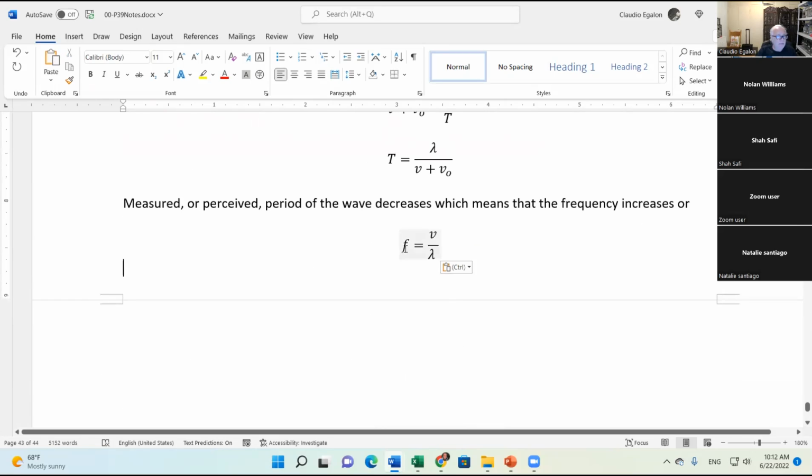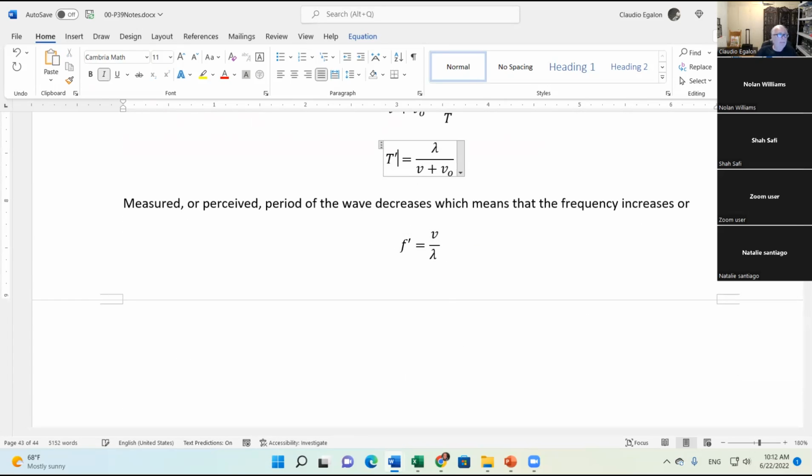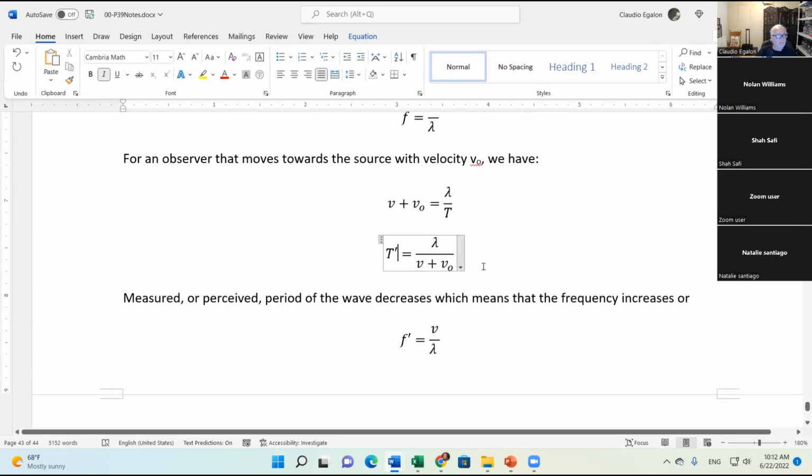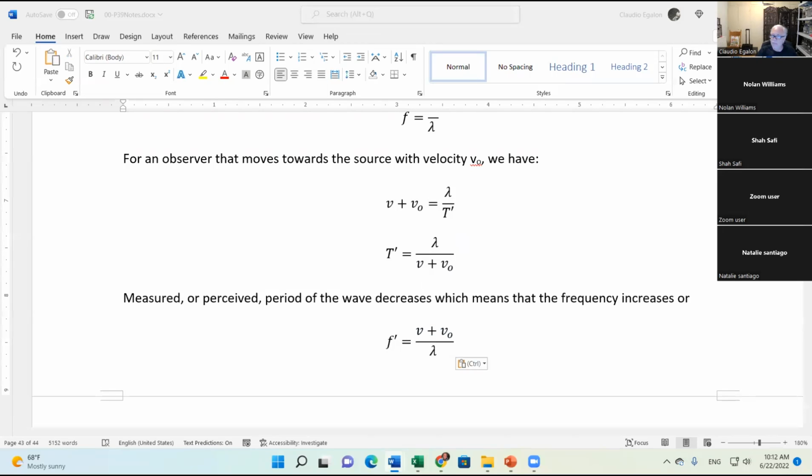Now the new frequency, I'm going to put f prime. I'm going to put that T prime, because now the observer is moving. So the wavelength remains the same, but the perceived frequency changes because the relative velocity changes.